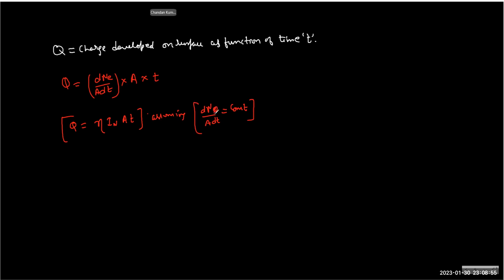So I hope this is clear. Efficiency into number intensity is the charge per unit area per unit time, and then you multiply with area into time. So you may be asked to find the charge.